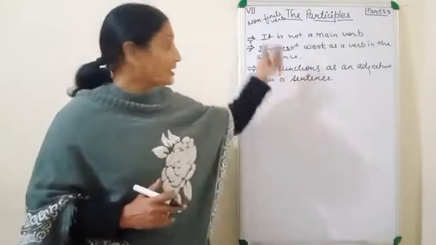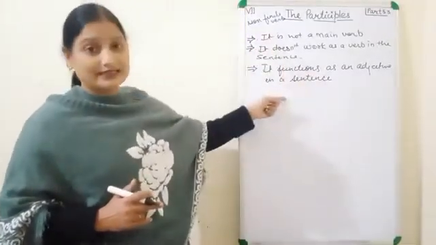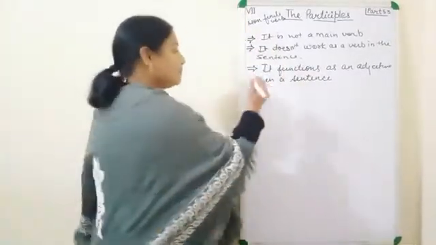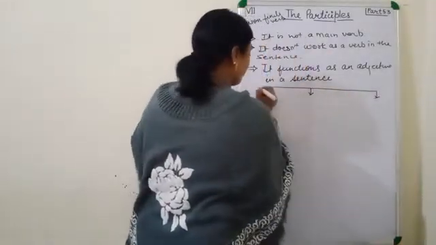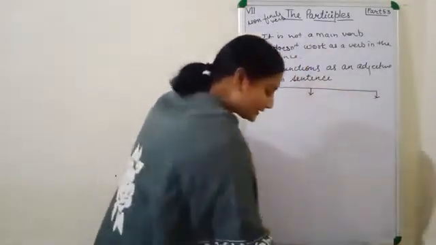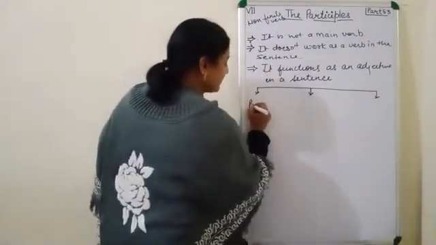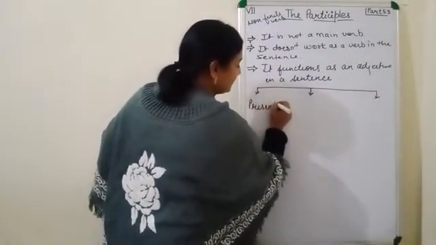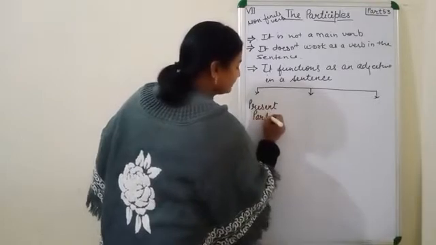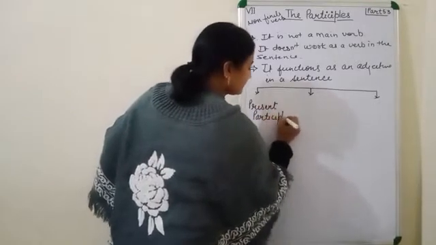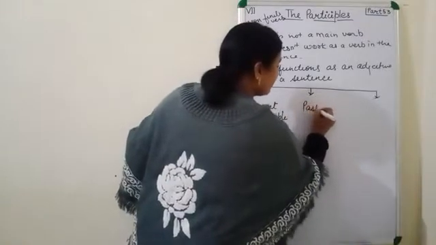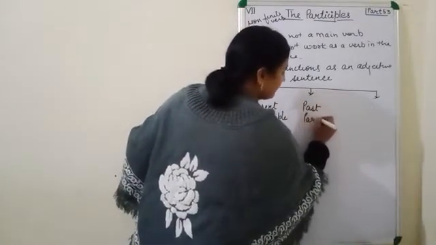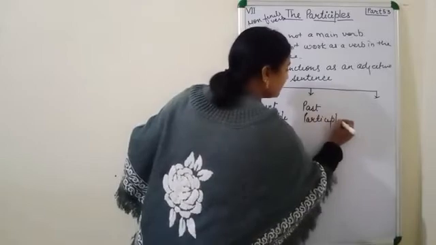Now, on this basis, we can see that participles are of three types. Type number 1 is the present participle. Second is the past participle.